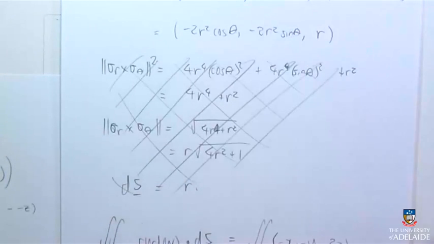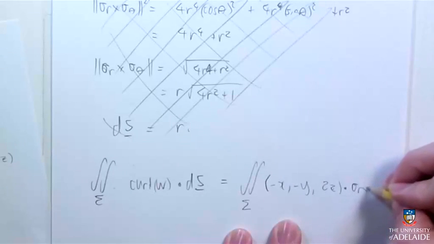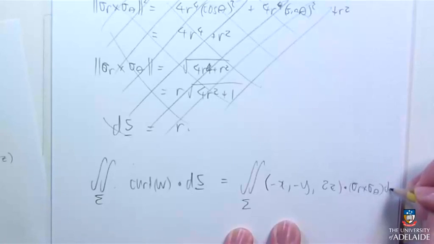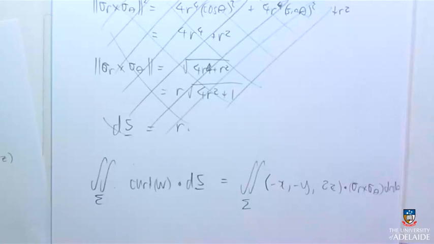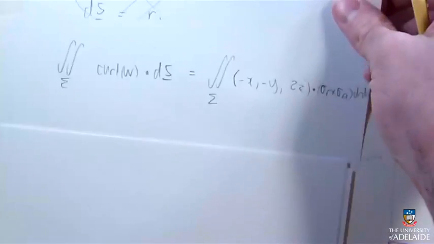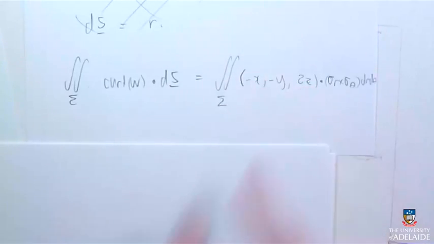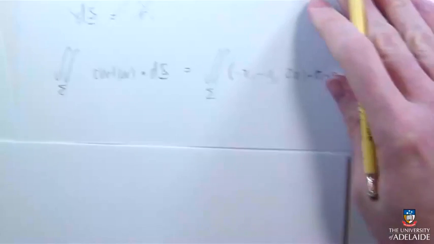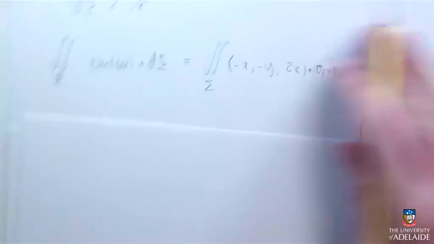Well, I'm just going to write this bit down. Sigma r cross sigma theta dr d theta. That's really small. I'm sorry. Ah, that's interesting. This is all in terms of x and y still, so I'm going to have to sub in my r's and my thetas in order to do this. So let me just write some of those things down.